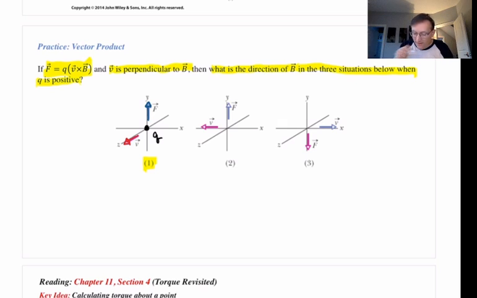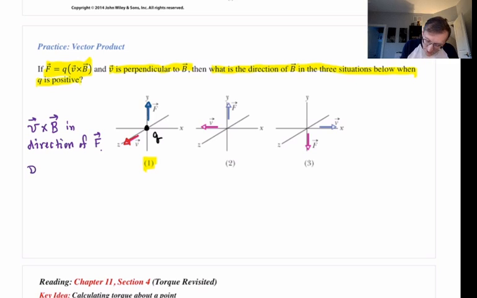All right. So what we're talking about is that V cross B must be in the direction of the given vector F. And we're given a direction for V. So we need to deduce the direction of B using the right-hand rule.